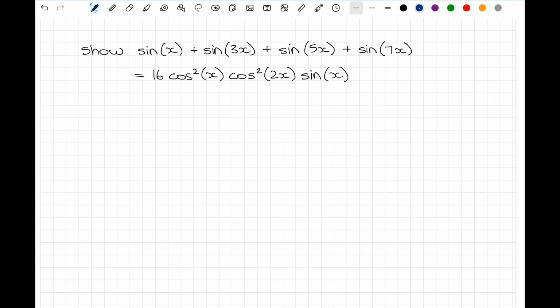So right away it can be helpful to think, I probably want to use one of the results that take me from products to sums, and I want to pick the particular result that has sums of only sine terms and products of a mix of sine and cosine. The result on your reference sheet that has that, and I'll write it out here so we can refer to it, is that sine A times cosine B is equal to a half times sine of A plus B plus sine of A minus B. Notice this result has the sum of only sine terms, and it's linked to the product of a sine term and a cosine term.